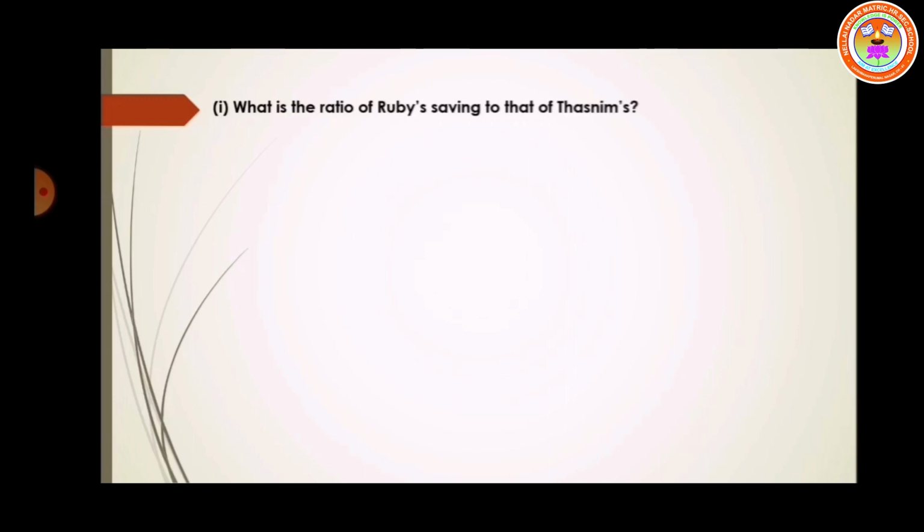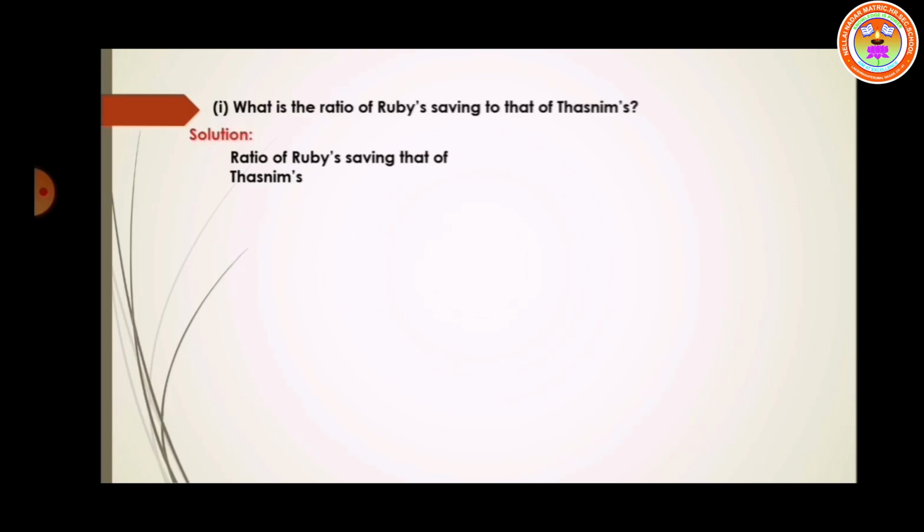Now let us go to the question. First one, what is the ratio of Ruby's saving to that of Dasneem's? Solution. As per the table, Ruby has 5 piggy banks. 1 piggy bank represents rupees 100.